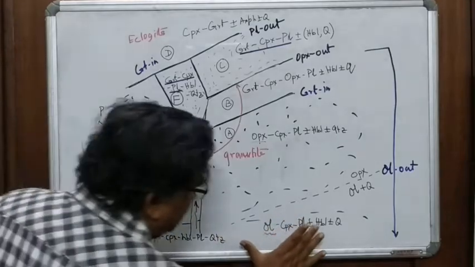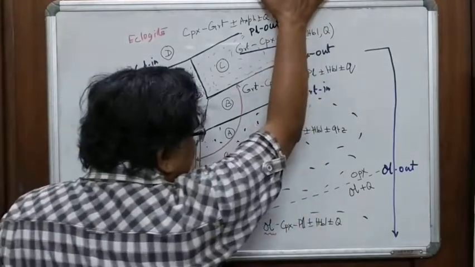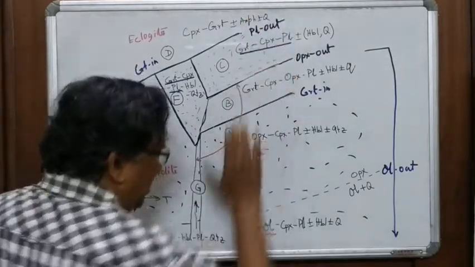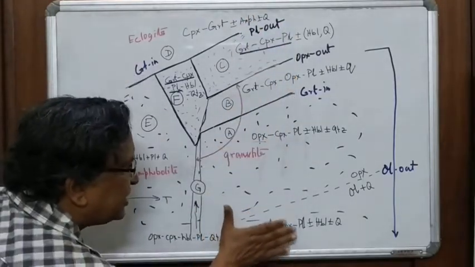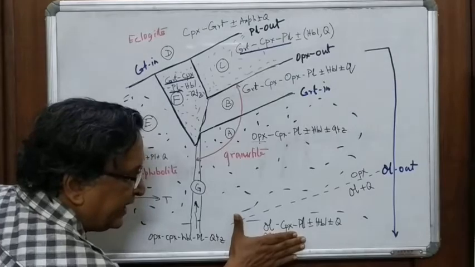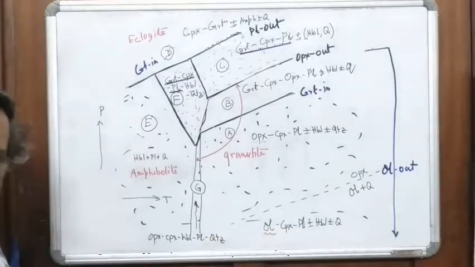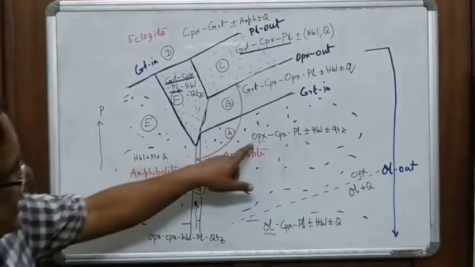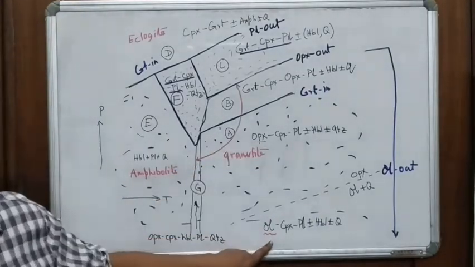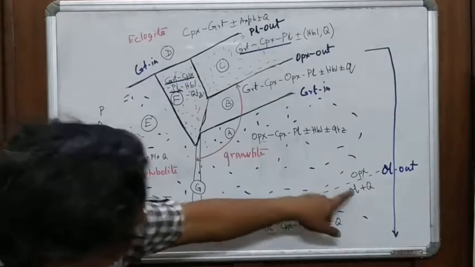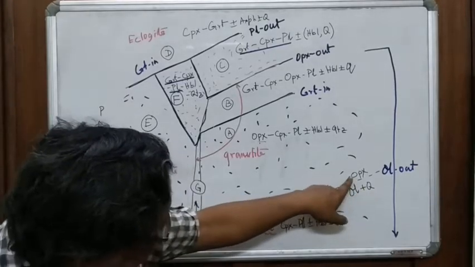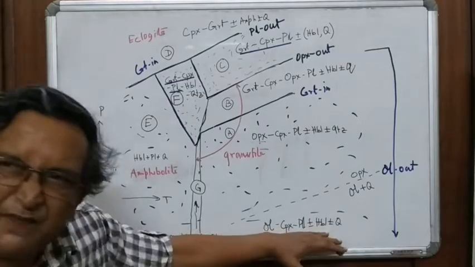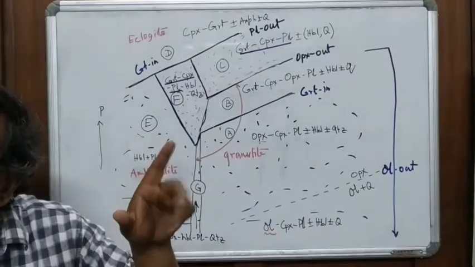If you go from low pressure granulites to eclogites, this is the direction of increasing pressure. So first what you will get is olivine bearing granulites, but sometimes people don't call it granulites for the simple reason there is no orthopyroxene. But since this is an olivine plus quartz equals orthopyroxene reaction, people keep this in the granulite pressures provisionally.